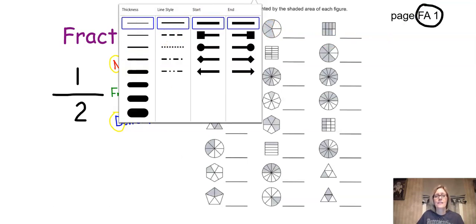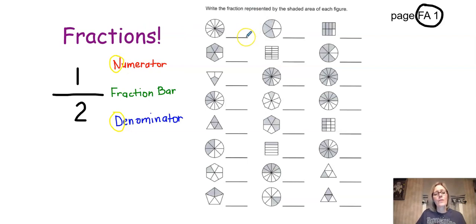So, the way that we find numerators and denominators is that the denominator is your biggest number, or it's the whole thing. And so we remember, it's the big thing. It's the whole thing.